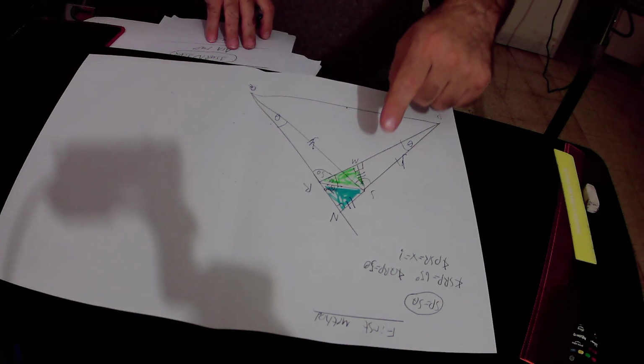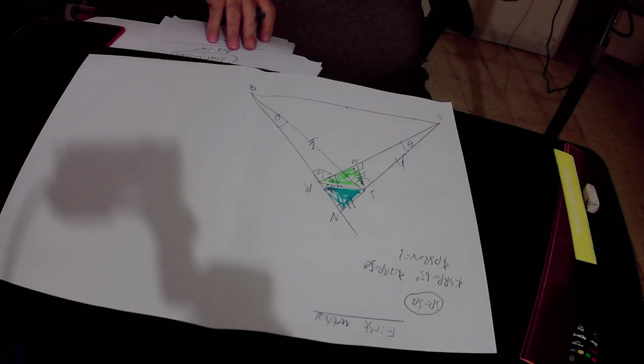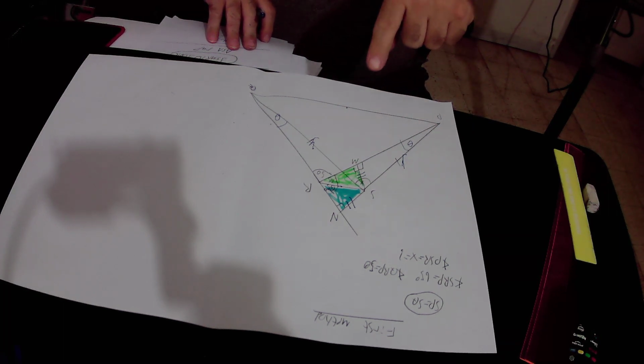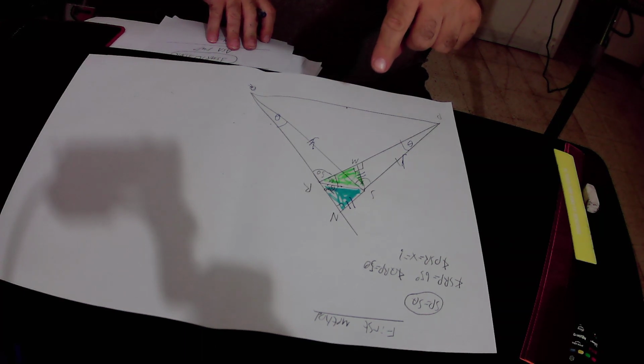So, what is the size of the third angle? If one angle equals 90 degrees and the other angle equals 65 degrees, then in total the sum of two angles in both triangles is equal to 155 degrees.